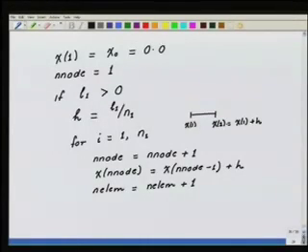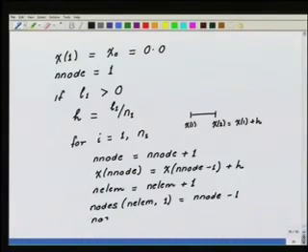That is, two consecutive nodes have formed an element in between, and I am going to say nodes of n elem comma 1 is equal to n node minus 1, nodes of n elem comma 2 is equal to n node. So I am telling what are the two nodes for this particular element. Okay. Then I am going to end this loop.